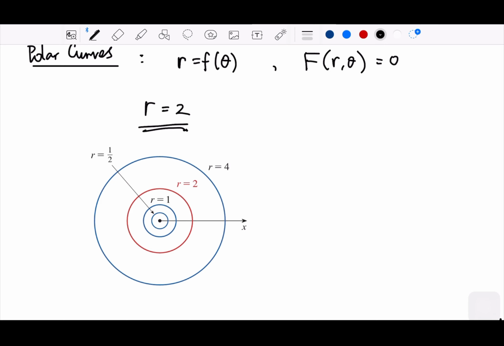Maybe if you have theta equal to pi over 4, for example, then the angle should have a line through there. Theta equal to pi over 4.